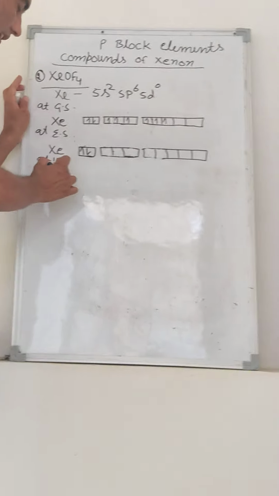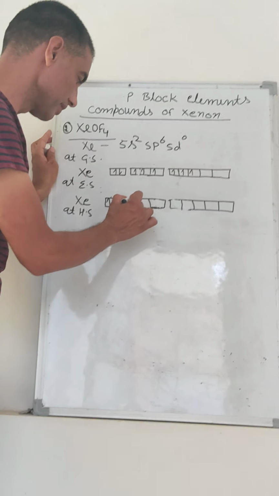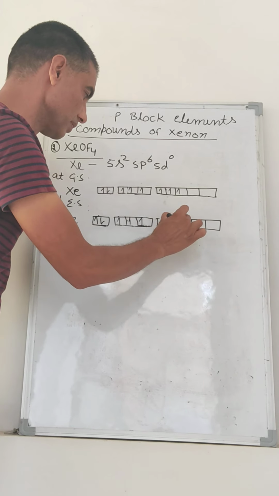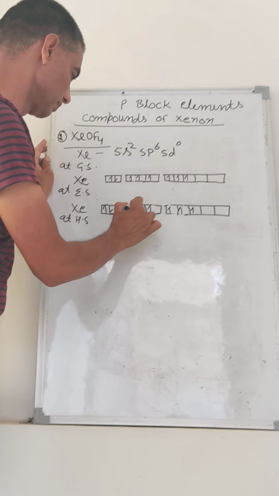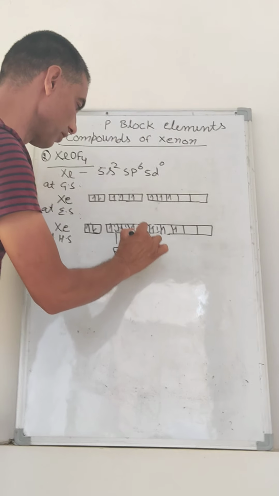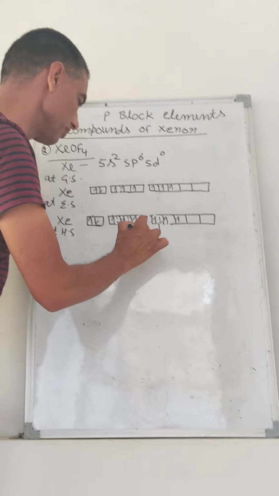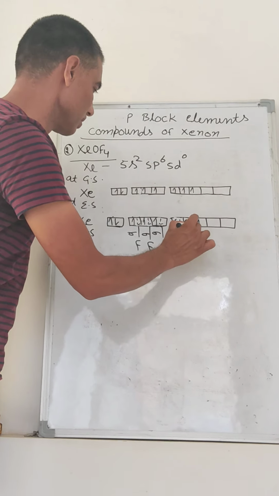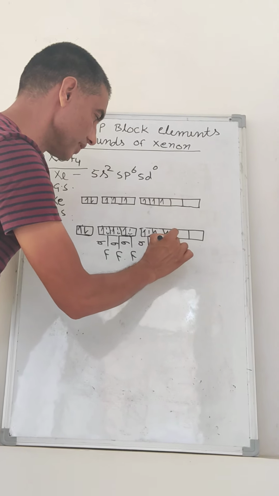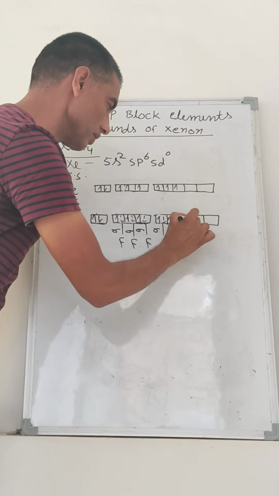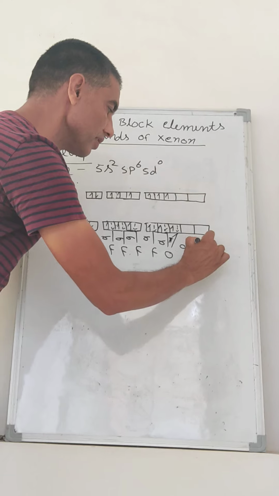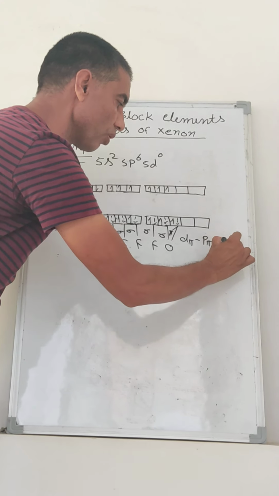In the hybrid state, 4 fluorine atoms bond with xenon with sigma bonds, and 1 oxygen bonds with 1 sigma and 1 pi. The pi bond is produced due to dπ-pπ overlapping.